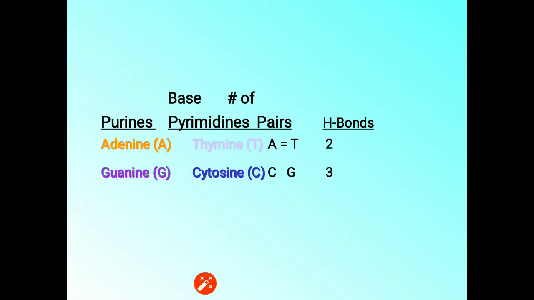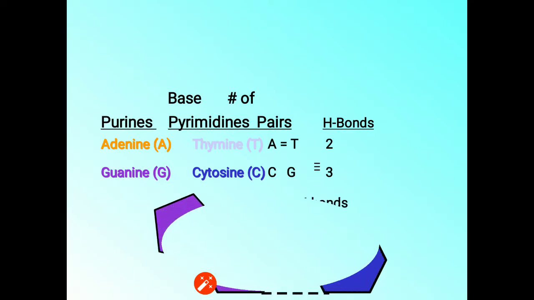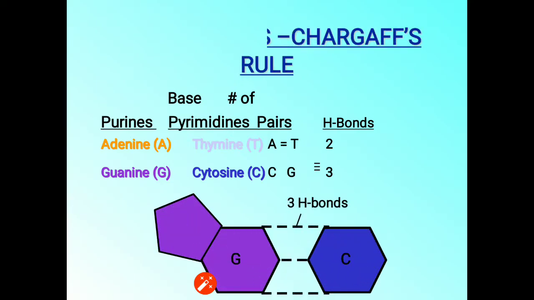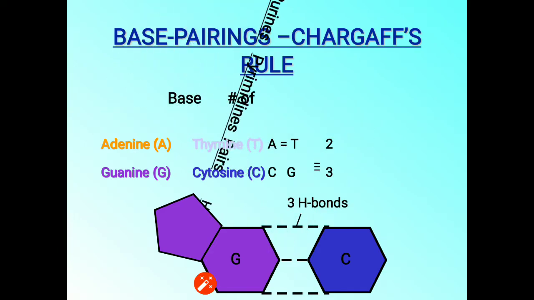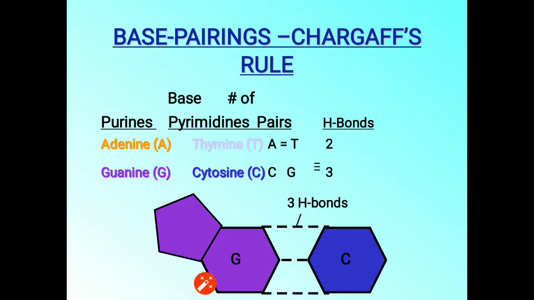Adenine pairs up with thymine with the help of 2 hydrogen bonds and guanine pairs up with cytosine with the help of 3 hydrogen bonds. This base pairing rule is termed as Chargaff's rule. Here, the purine always pairs up with the pyrimidines.